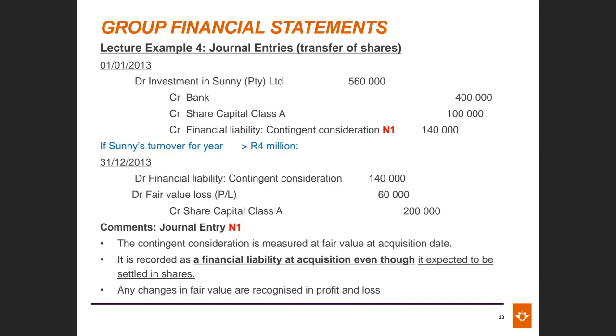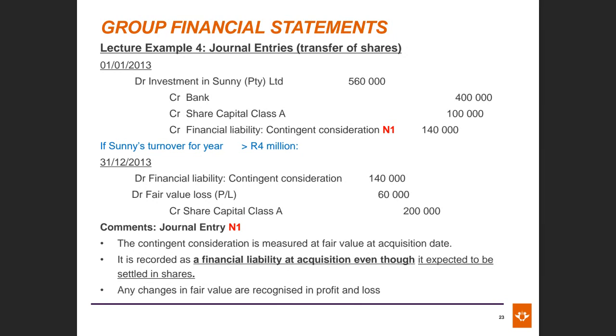So we're going to debit financial liability, contingent consideration of 140,000, and we're going to show the fair value loss of 60,000, okay, it is a debit, so it is a fair value loss, and we're going to credit share capital being 200,000. So there is an actual issue of shares, but because the number of shares is not certain, it is based on a value, we record it initially at acquisition as a financial liability.